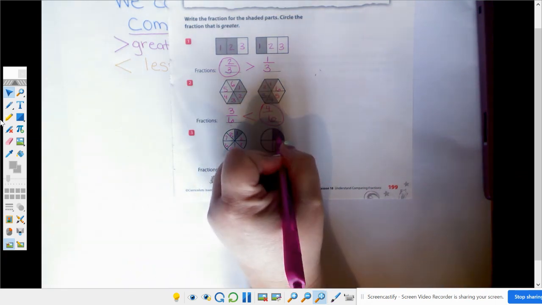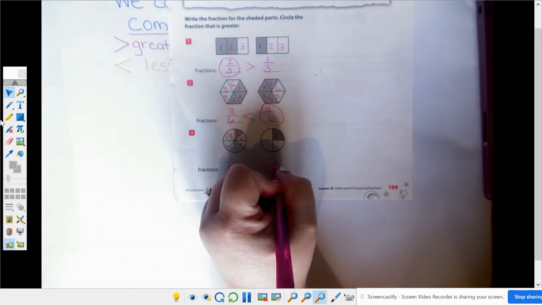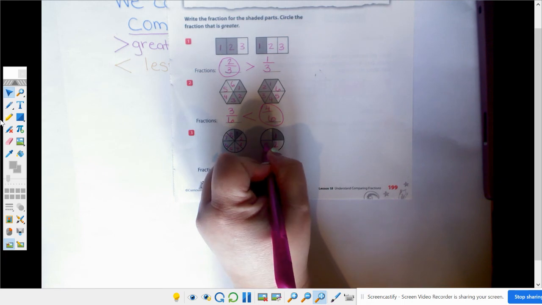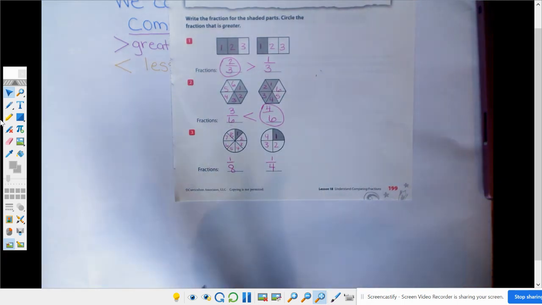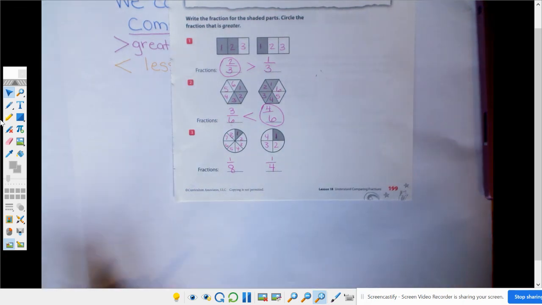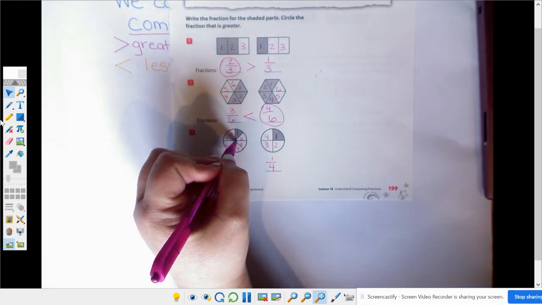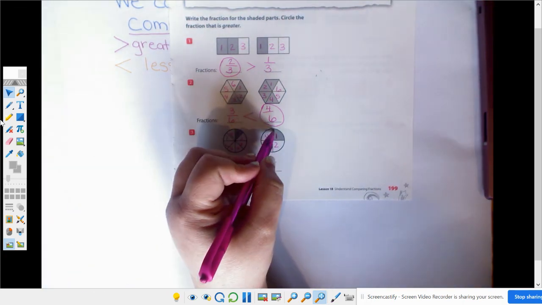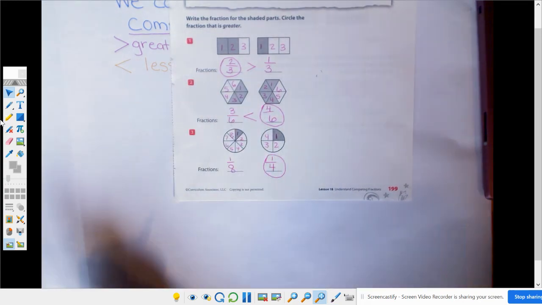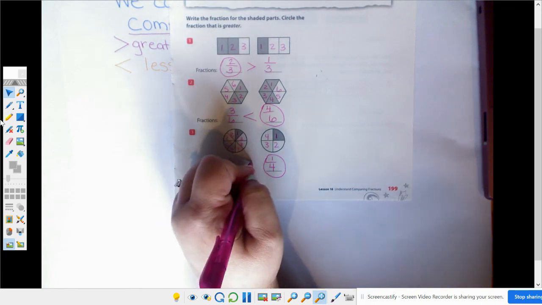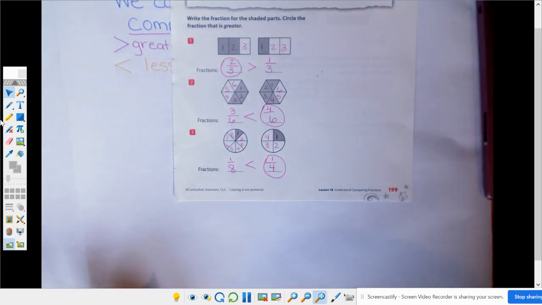Over here we have 1 part shaded out of 2, 3, 4 parts total. Just like in our example problem, we can see that 1/8 is less than 1/4, so 1/4 is greater. That's the one that has more, and I would write it like this: 1/8 is less than 1/4.